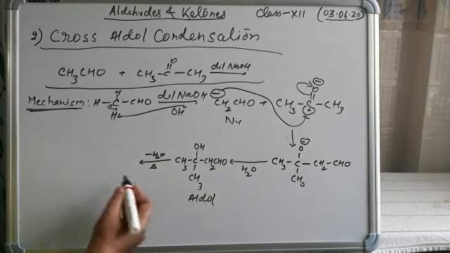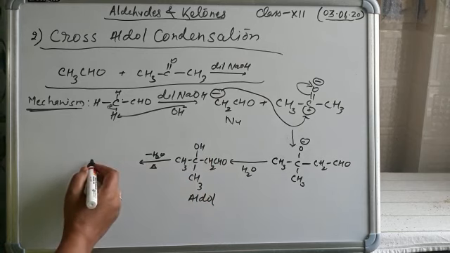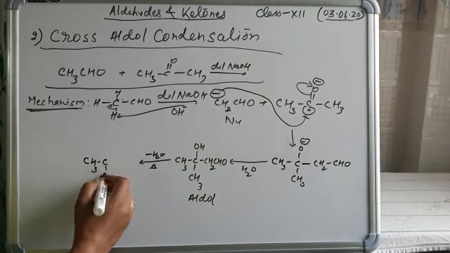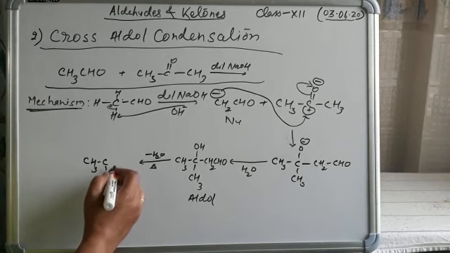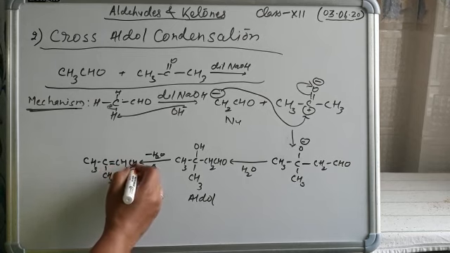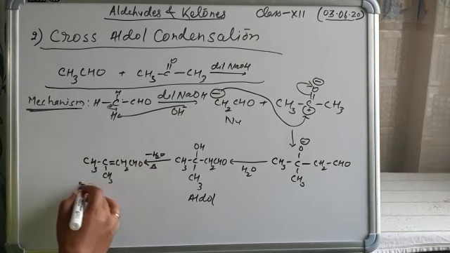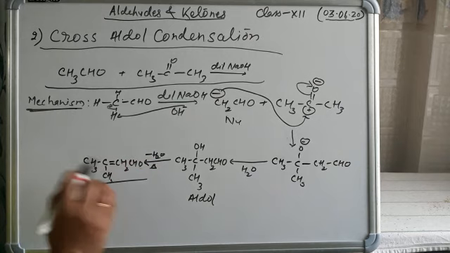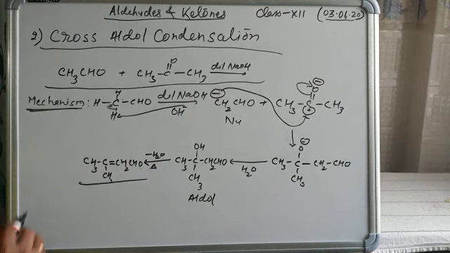So alpha beta unsaturation takes place and the formation of CH3 CH3 and CH2 double bond and CH2. So alpha beta unsaturation takes place and this compound is formed.